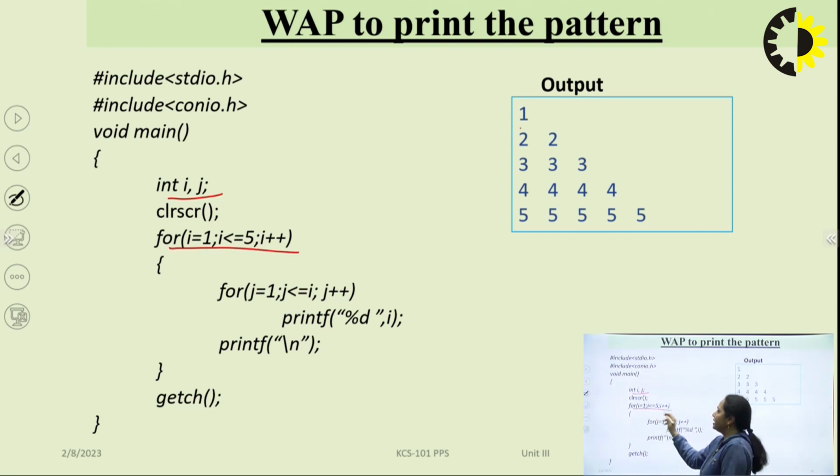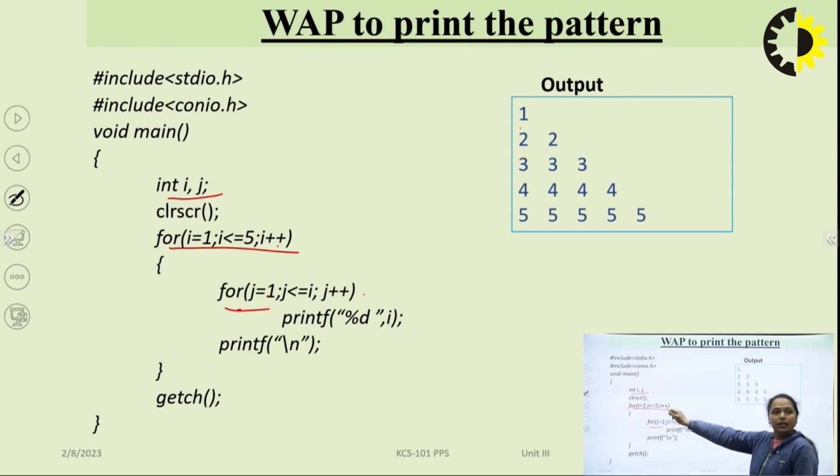First for loop, it is written i equals 1, i less than equal to 5, i plus plus. And within this i loop, second loop is taken, that is j, that is also initialized by j equal to 1, j less than equal to i, j plus plus. It is written printf i and new line character.